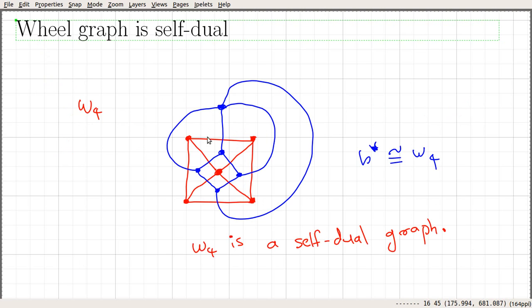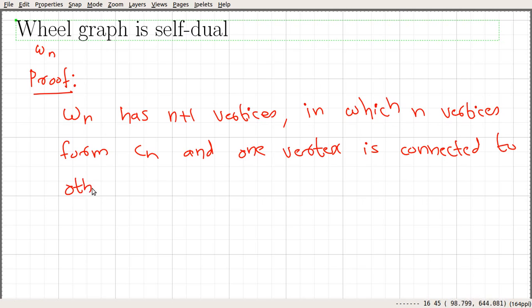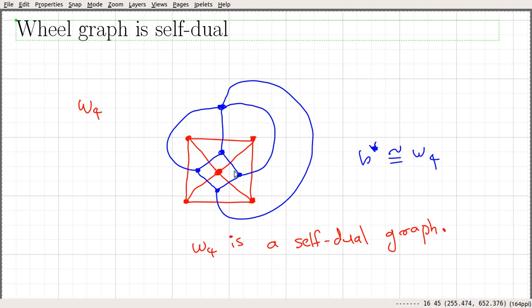That's what we saw here, right? In W4 they form a C4. So in general, we will have a cycle and another vertex which is connected to all other n vertices. Okay, and that's what we saw here in W4. We have the cycle and this vertex, and that vertex is connected to those 4 vertices.